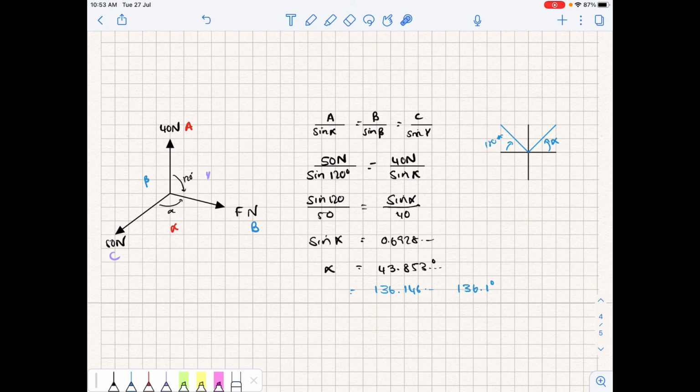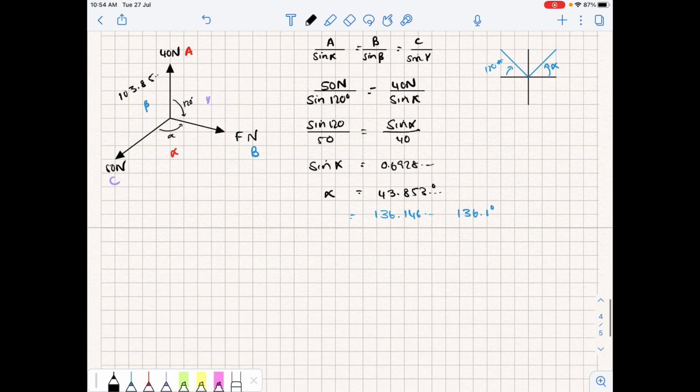These 3 angles must add up to 360 degrees. So we can take 360 minus 120 minus the answer in my calculator, and this is going to give me 103.85, etc. degrees. Now I'm going to keep that in my calculator because obviously I want to use the exact value when I solve for the force that we're trying to resolve.